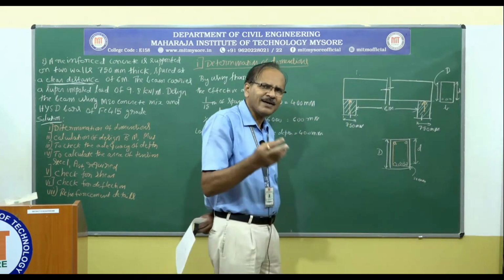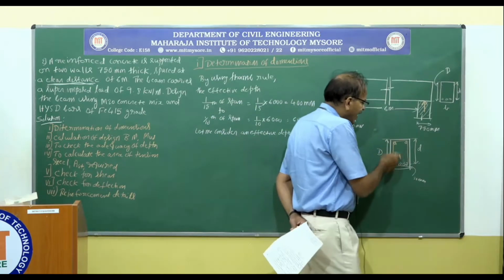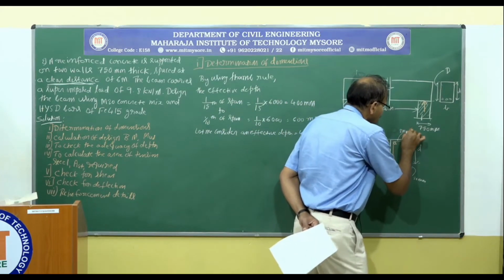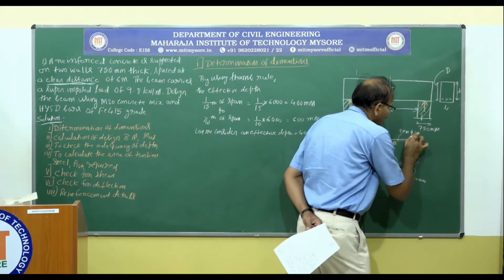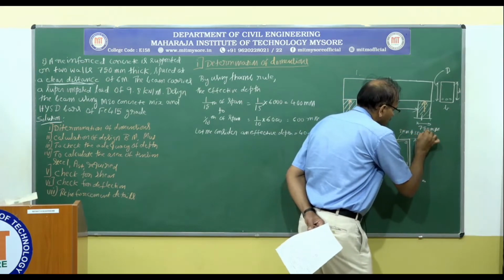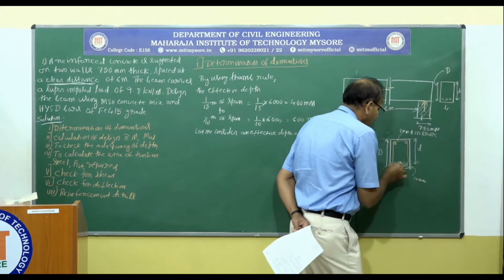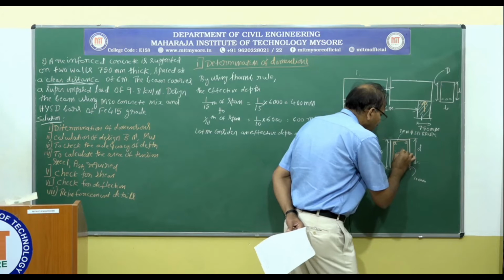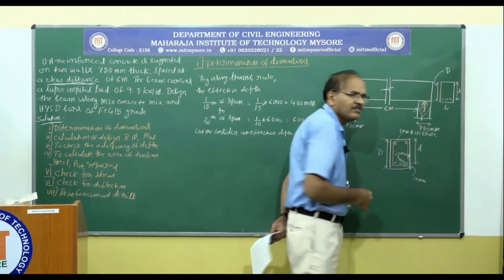And let us assume that we are using 8 mm dia stirrups, and let us consider 20 mm dia tension steel.